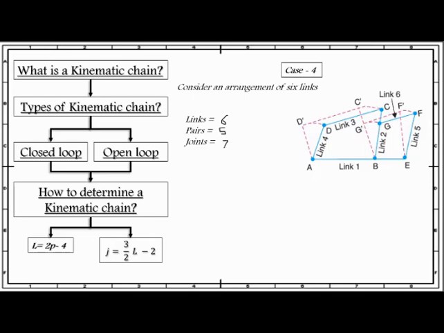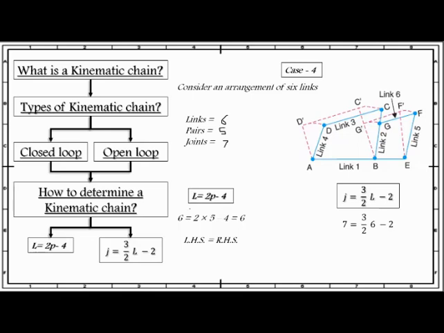Thus, when we substitute all these values of links, pairs and joints into the given equation, we find that the left hand side is equal to the right hand side. Similarly, when we substitute the values of joints and links into the second equation, we find that the left hand side is equal to the right hand side.